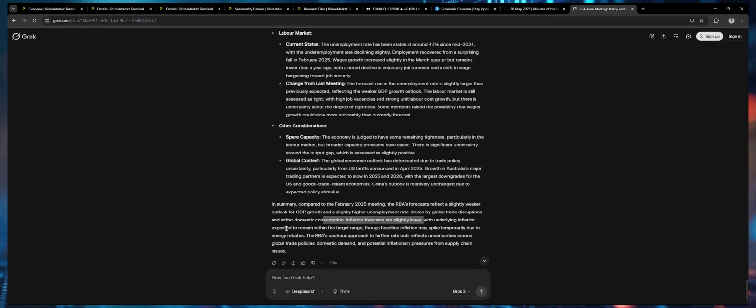Anyway, so with underlying inflation expected to remain within the target range, headline inflation may spike temporarily due to energy rebates. Okay, so for those who are not from Australia, the government did have a rebate for the energy to help society.